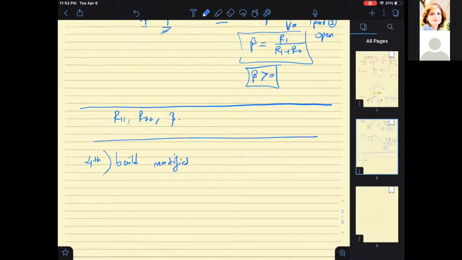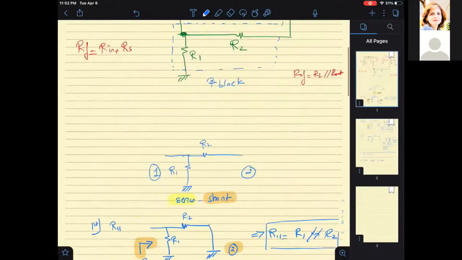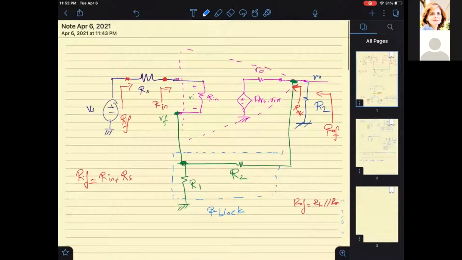Now the second step, I have to build the modified A circuit. Okay, I need to build the modified A circuit, and let us see what this means. I'm going to remove the op amp boundary because this is really the A circuit.